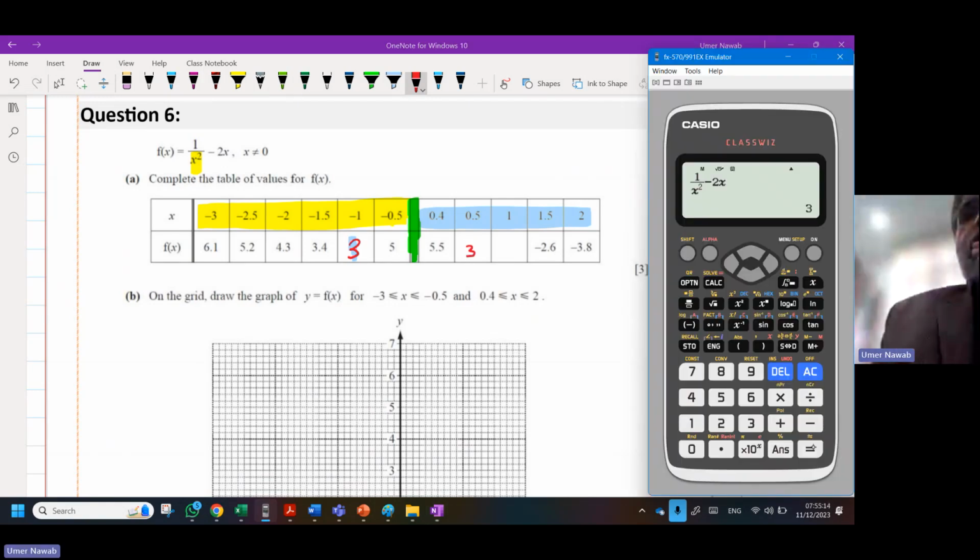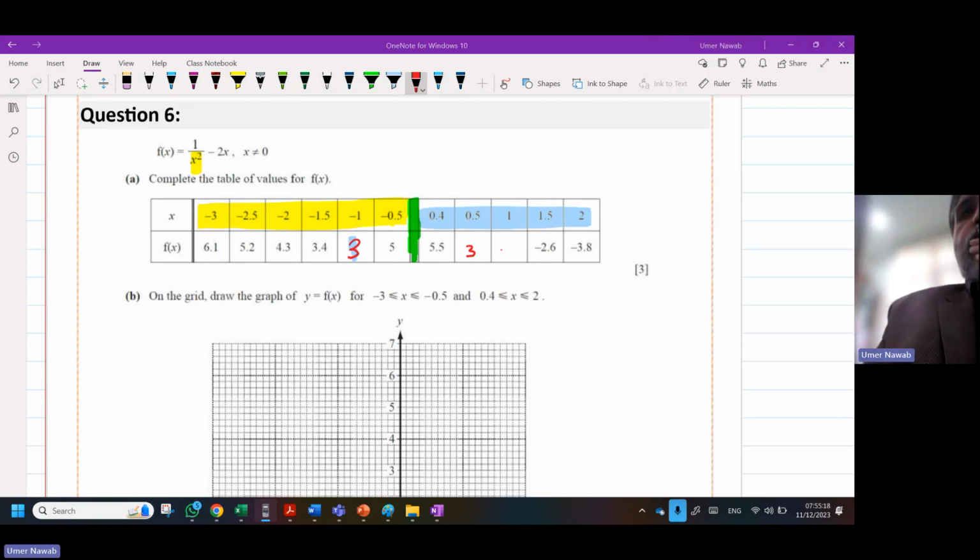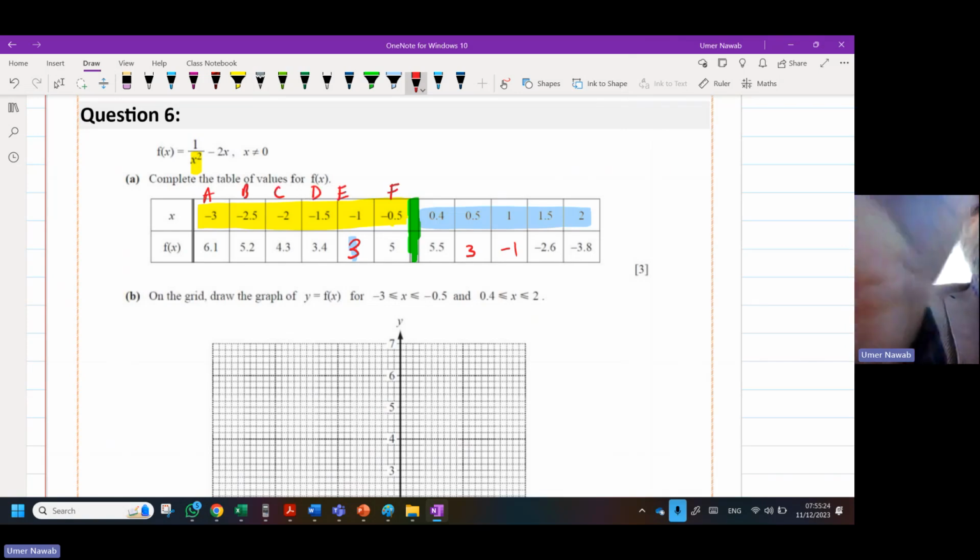Now may I try to find for x is equal to 1? It gives you minus 1. Now how many points do I have? A, B, C, D, E, and F. Then again, A, B, C, D, E. You can call them some other points, but I'm just trying to emphasize the difference of the 2 curves. So this is F, G, H, I, J, and K.